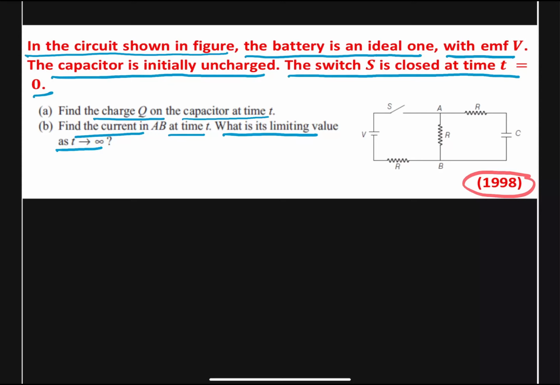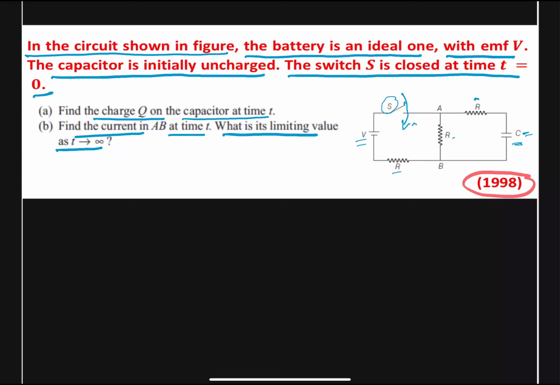So the basic circuit is given to us, and there is switch S. Initially it is open, and the EMF is given as V, and the resistances in the circuit are all the same, having the same value, that is our R. And the capacitor C, in the first part we are supposed to find out what will be the charge on the capacitor at a certain time t when the switch is closed.